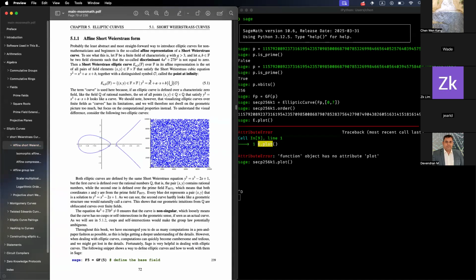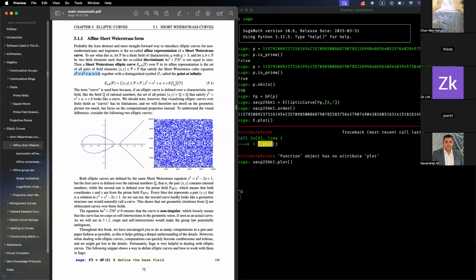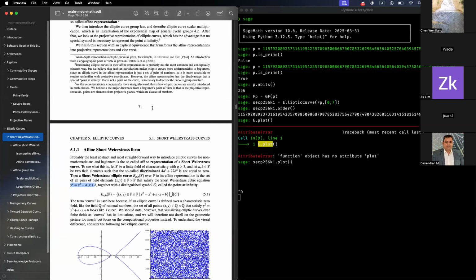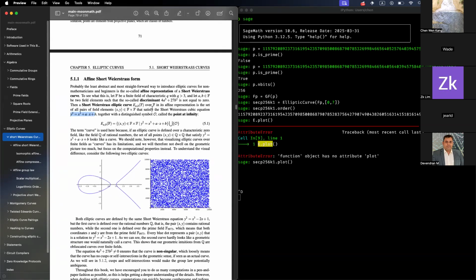To put it very generally, curves that are described via this form, we call the affine short Weierstrass form.